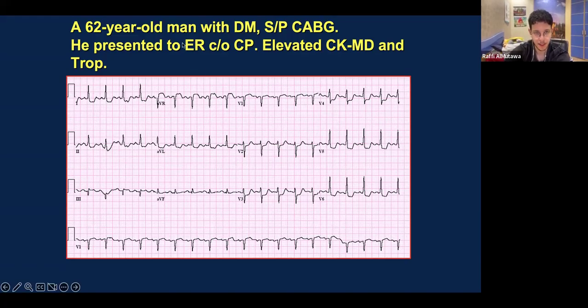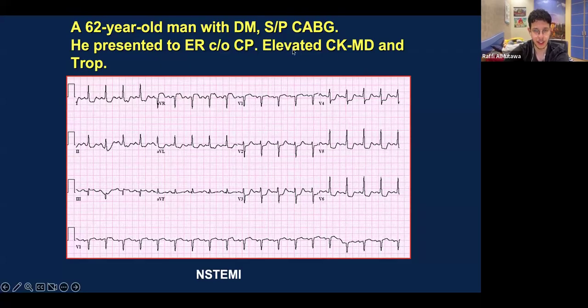Okay, there's ST depression in so many leads. There's no ST elevations. These aren't reciprocal changes of anything. So this is an NSTEMI. Good job, guys. Yeah, we know it.